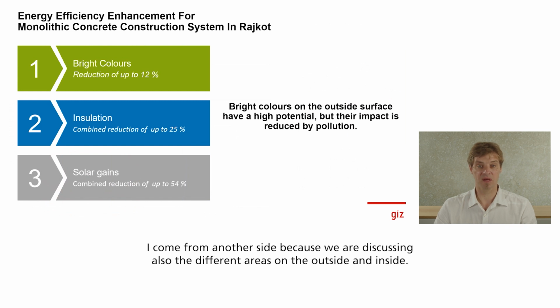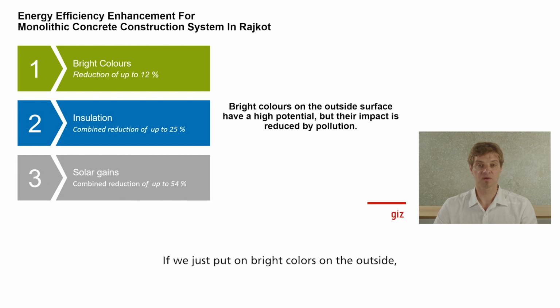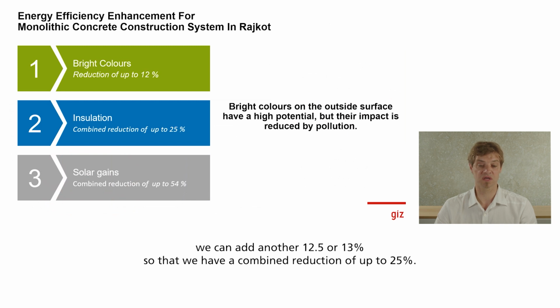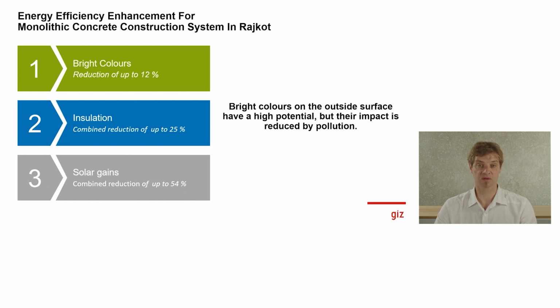But I come from another side because we're discussing also the different areas on the outside and inside. So if we just put on bright colors on the outside, we are able to reduce the energy demand up to 12% for that special construction. If we then introduce insulation on the outside, we can add another 12.5 or 13%, so that we have a combined reduction of up to 25%.